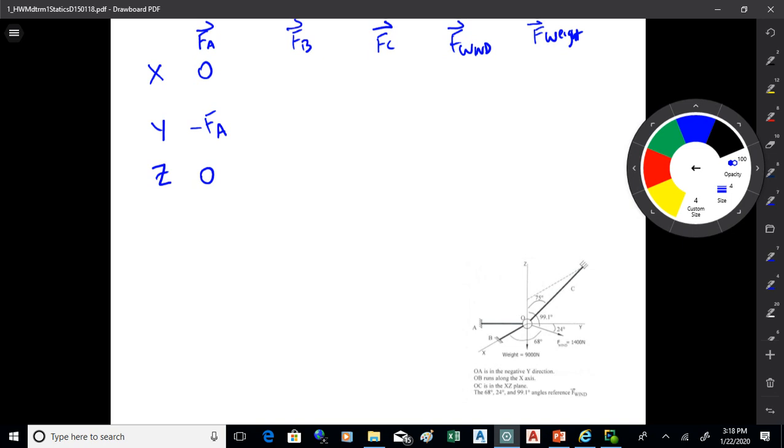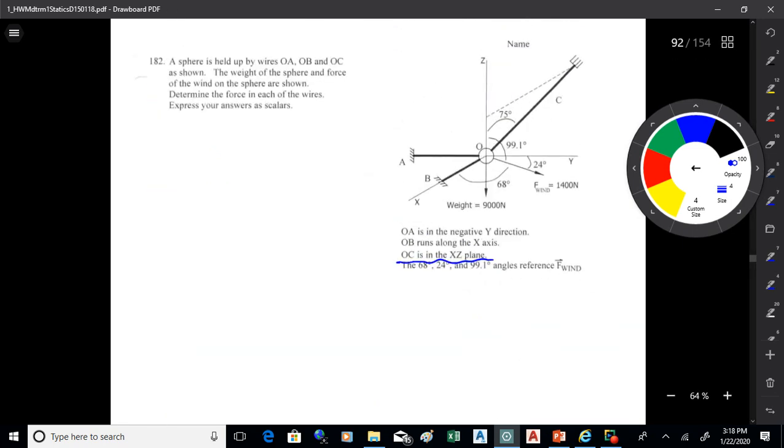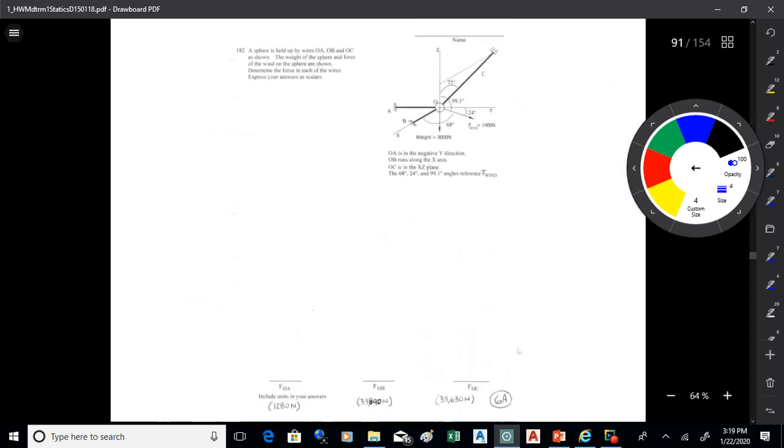FC, you just look at how that's oriented, given that it's in the XY plane. When you look at FC, you'll notice that this line here is parallel to the x-axis. It's coming off the z plane, so that point C out here is in the XY plane. Okay. So you're given that. You can work through that.